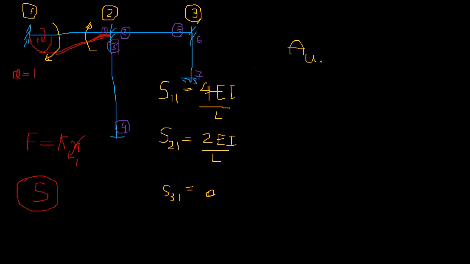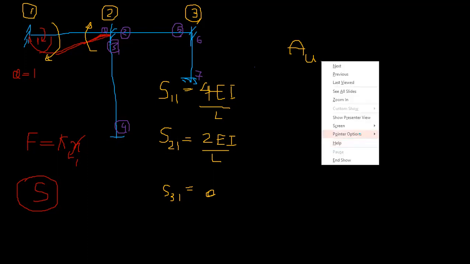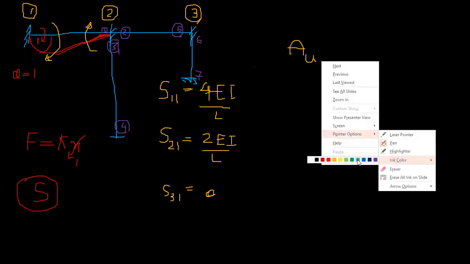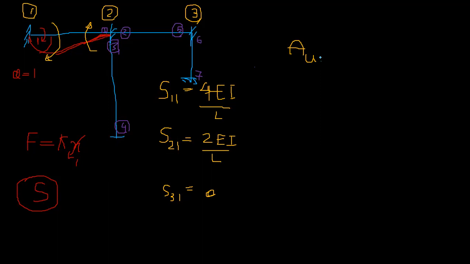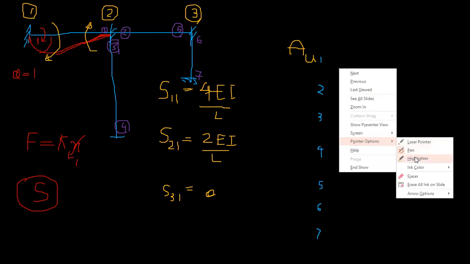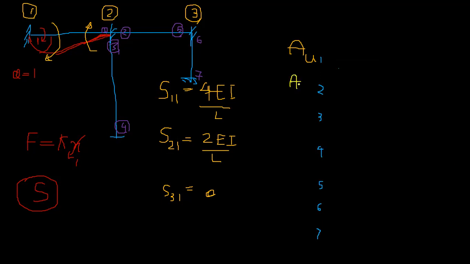So the action at first coordinate, second, third, fourth, fifth, sixth, seventh, right? This is AU to 1.